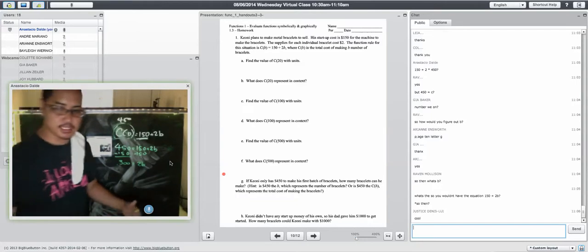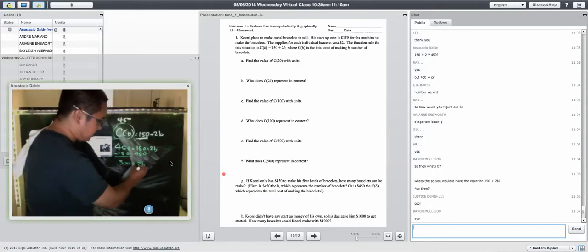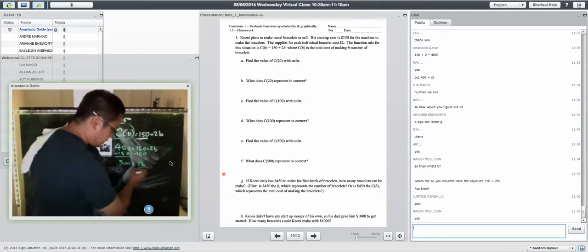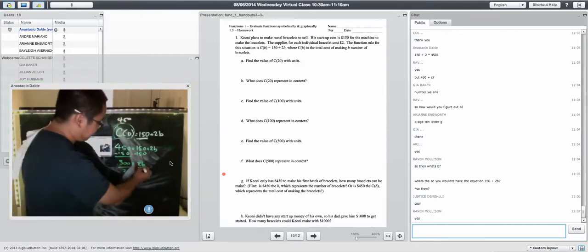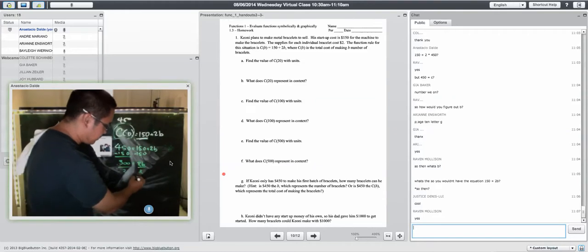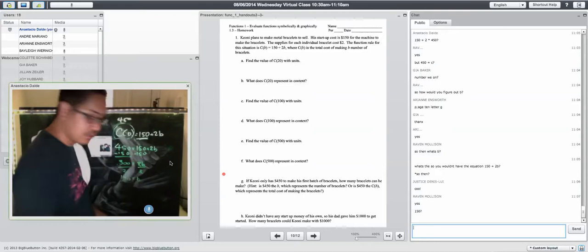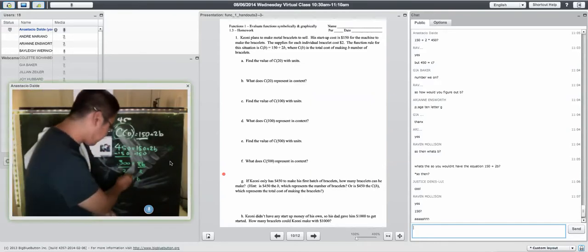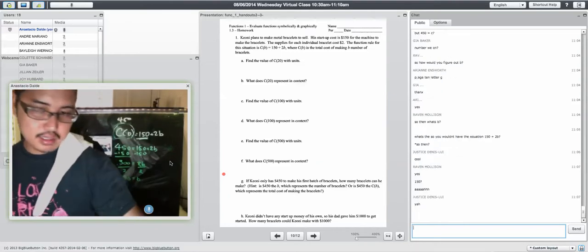Then what you do is this: 2 times b, I want to get the b all by itself. I need to get rid of that 2. I'm going to divide both sides by 2, because it's being multiplied right now, and I need to undo that. So b equals 300 divided by 2, which is 150. You guys see how that one works? So that's what's going on.